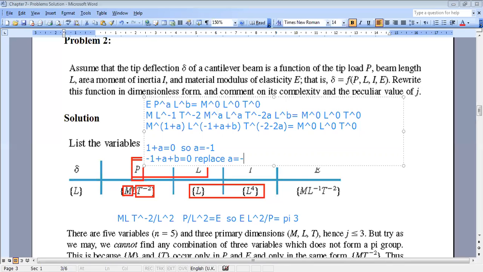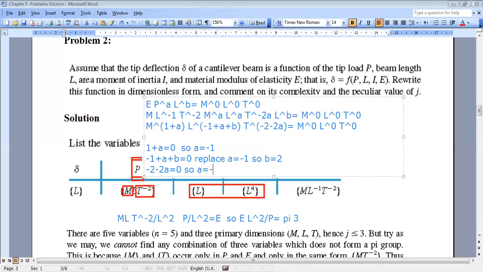And finally, the third relation for T, you have minus 2 minus 2a equals 0. So you get again a is minus 1.